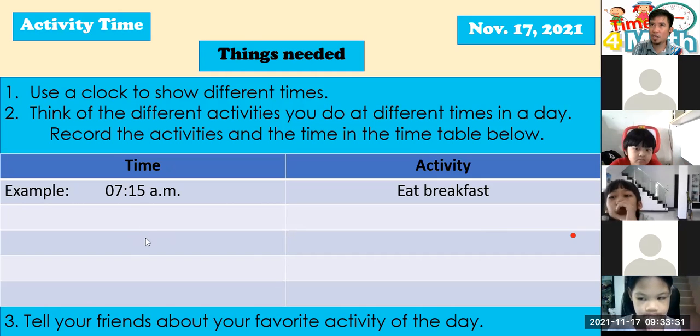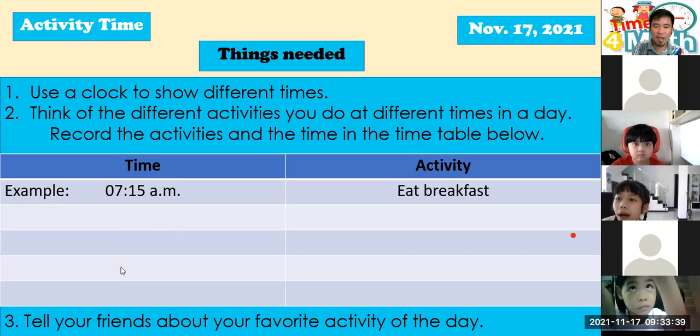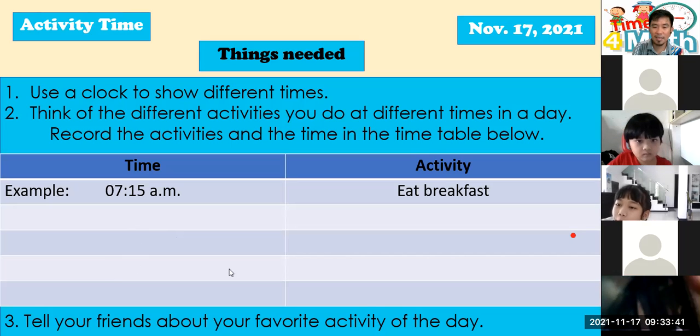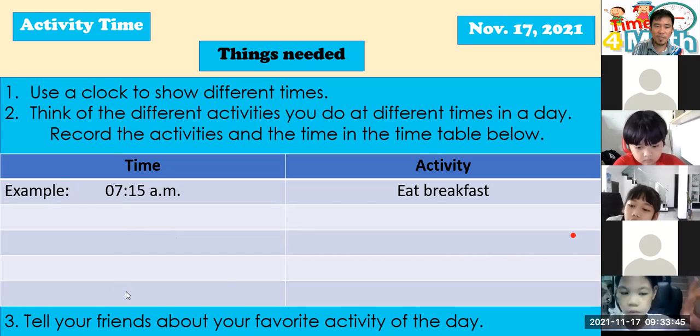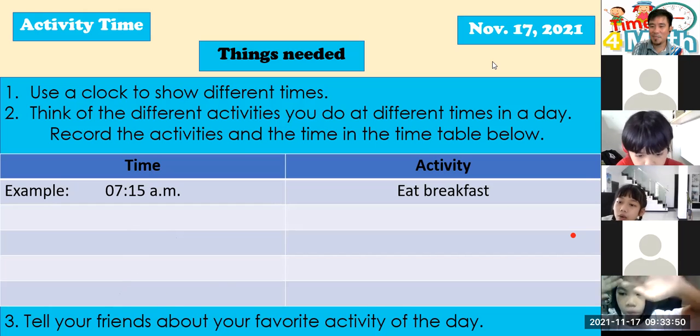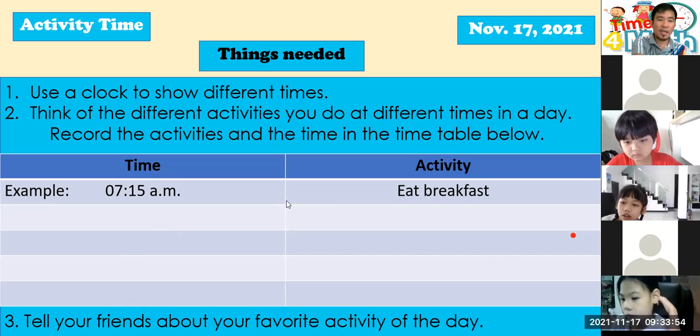Maybe you have a class. Noontime, you are having your lunch. And then maybe 2 o'clock in the afternoon, you have another class again. And then maybe 6 in the evening, you are having your play time, play with your friends. So this is all about this activity.